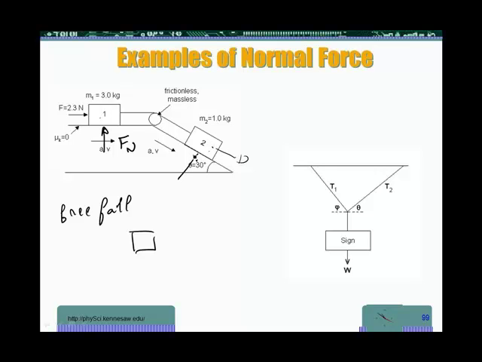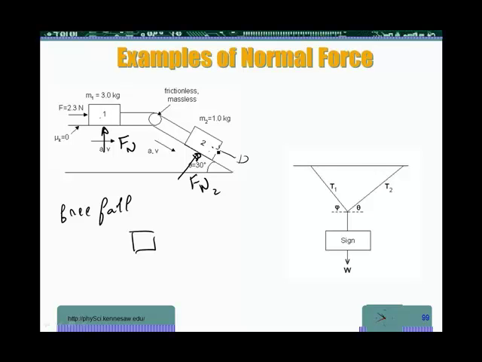The normal force is perpendicular to the surface, so it's going to look like that. Perpendicular to the surface. So we have two different normal forces. In each case, the normal force is perpendicular to the surface, to the contact surface.